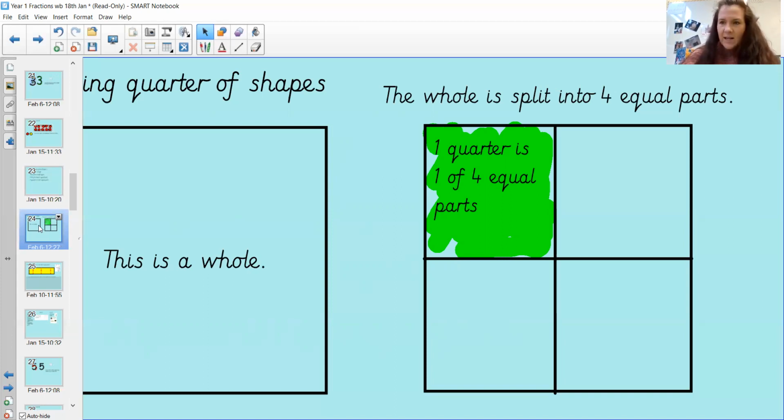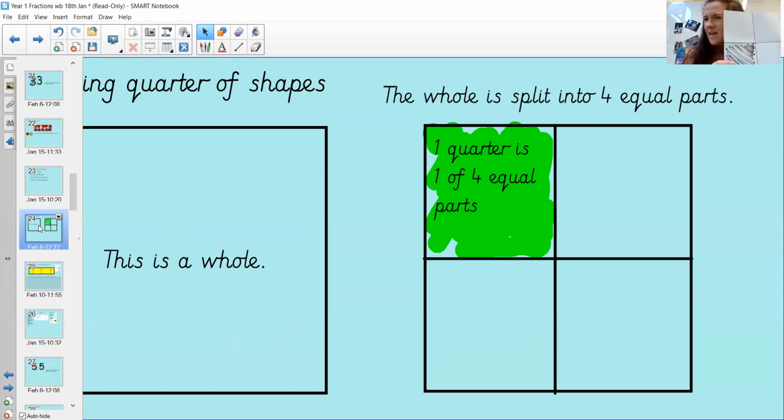So I'm going to do it very quickly, but you're going to take some time on this, I'm sure. So I've very quickly just coloured in one of 4 equal parts. So I've coloured in a quarter of my shape because I've coloured in one of my 4 equal parts.